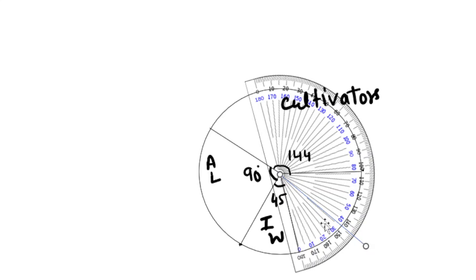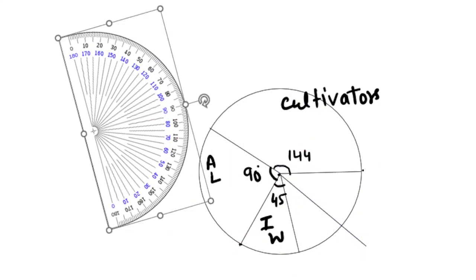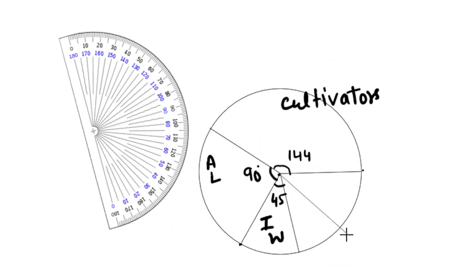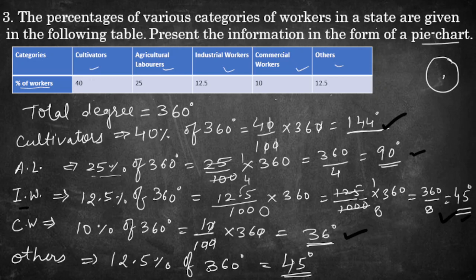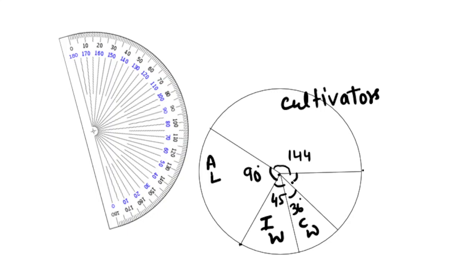Okay? Yes. So now again the same thing. The line should not cross this circumference. Okay. So this is 36 degree. This is for commercial workers. Okay, 36 degree. Now rest is 45 degree for others. So here you can see it is rest is 45 degree for others.